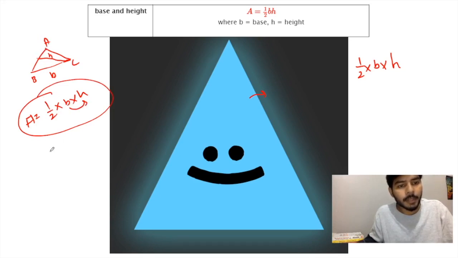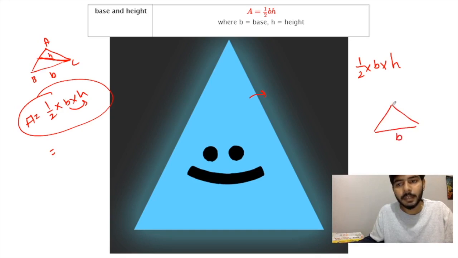Whatever base you are taking, for example, you are taking this base, then the corresponding height will be multiplied with this, not any height. So remember, if you want to find the area, that means if you are taking this triangle, you are taking this base B, then you need to take its corresponding height, this h.